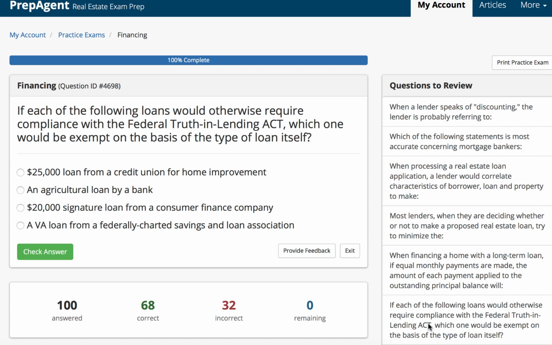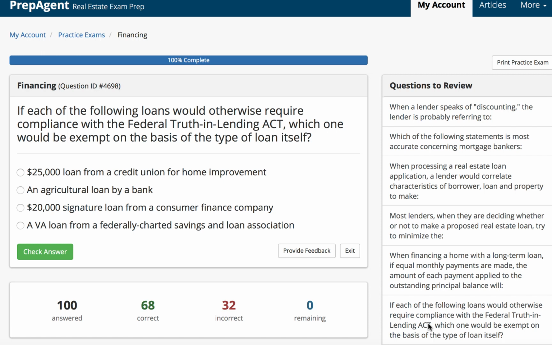If each of the following loans would otherwise require compliance with the Federal Truth in Lending Act, which one would be exempt on the basis of the type of loan itself? The Federal Truth in Lending Act.